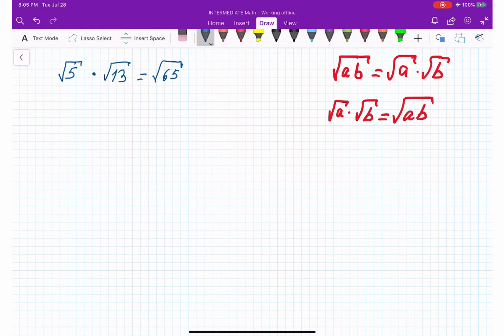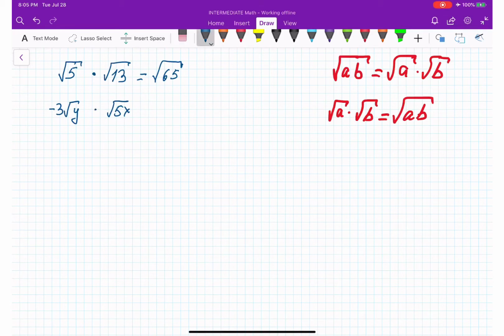Negative 3 square root y times square root 5x. In many cases, they put in parentheses like this. Well, I say it's unnecessary. Nothing is going to change if you take them off.